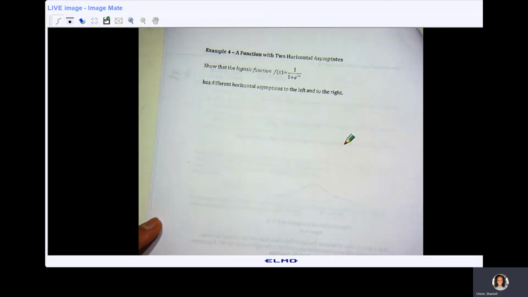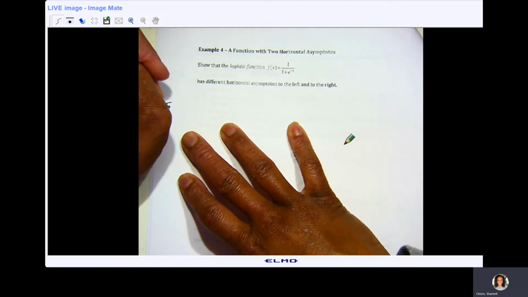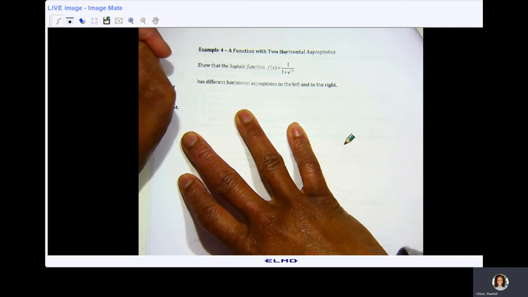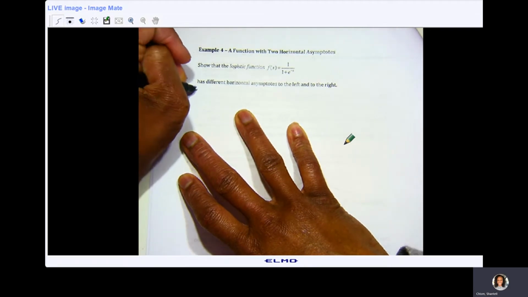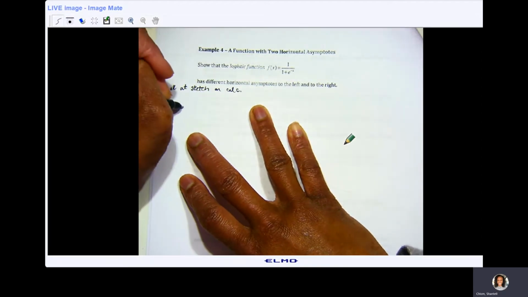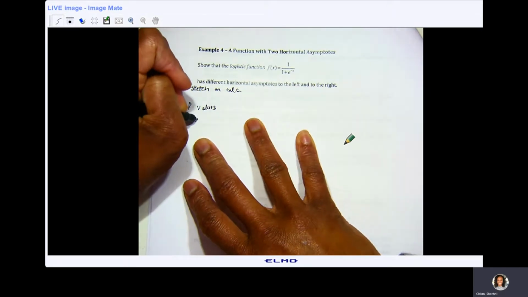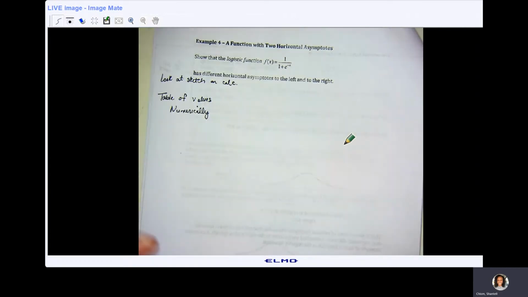You won't necessarily have to prove anything like that, but what you could do is look at the sketch on your calculator, and also examine the table of values numerically. Okay? So we'll look at that.